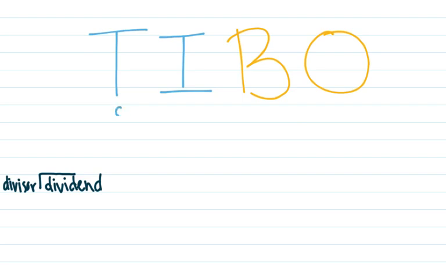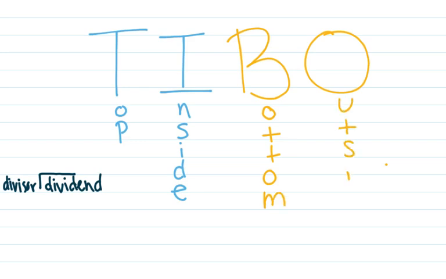TIBO stands for top, inside, bottom, outside. What this is referring to is that on a fraction, you have a numerator and a denominator. The numerator is the top number and the denominator is the bottom number.